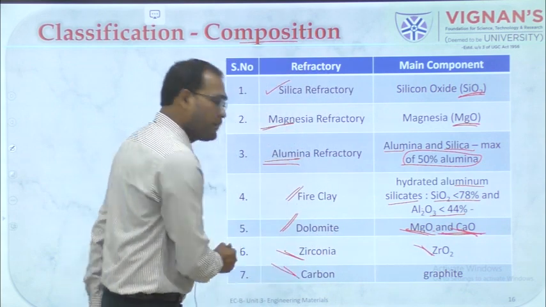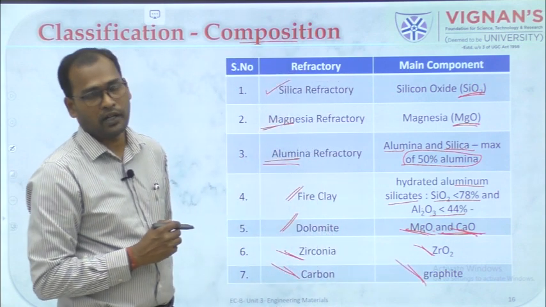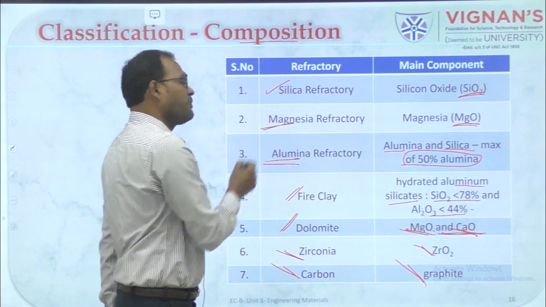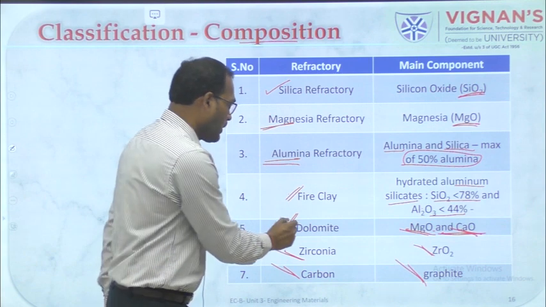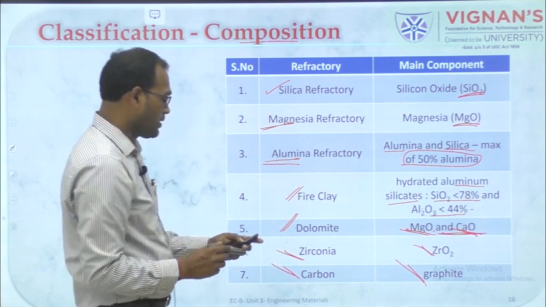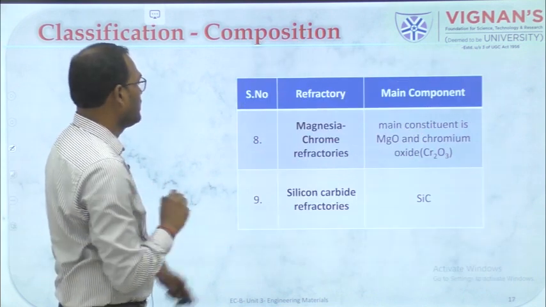And carbon, right, where graphite is used as the refractory material. So: silica refractory, magnesia refractory, alumina refractory, fire clay, dolomite, zirconia, carbon, right? And there are two others which we will see here.